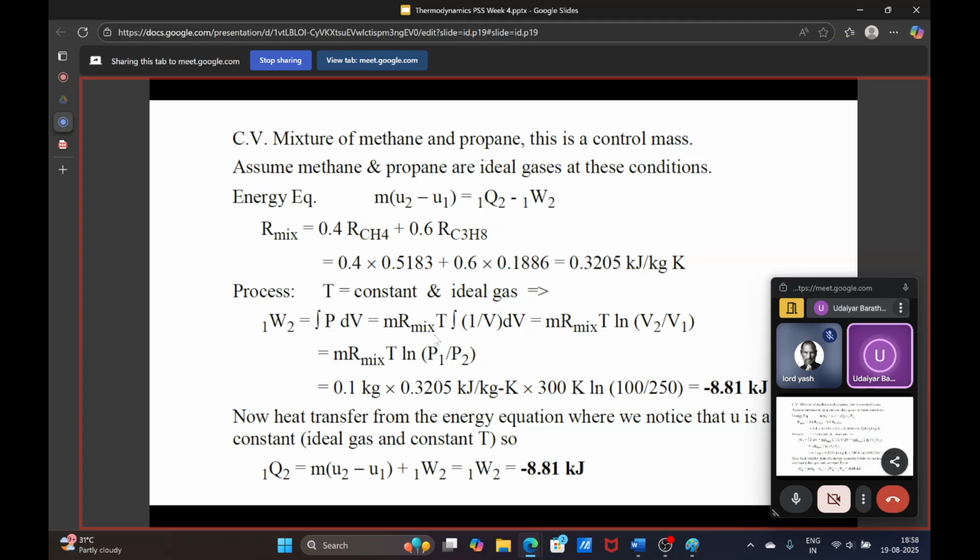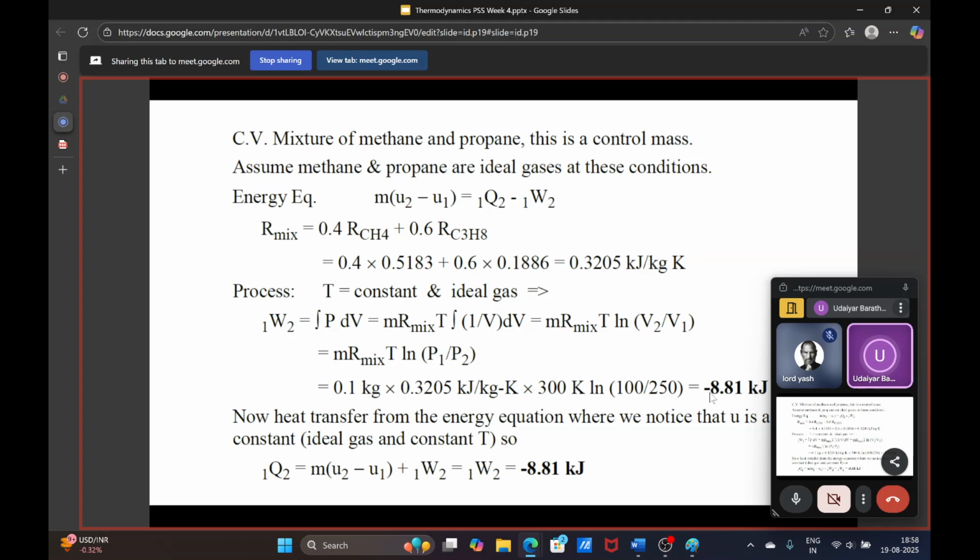So substituting that in the work expression, we get MRT ln V2 by V1 or ln P1 by P2. Since we know the pressures in this case, we will use the second expression, MRT ln P1 by P2. So we get 0.1 times 0.3205 times temperature 300 times ln 100 by 250, which comes out to be 8.81 kilojoules.